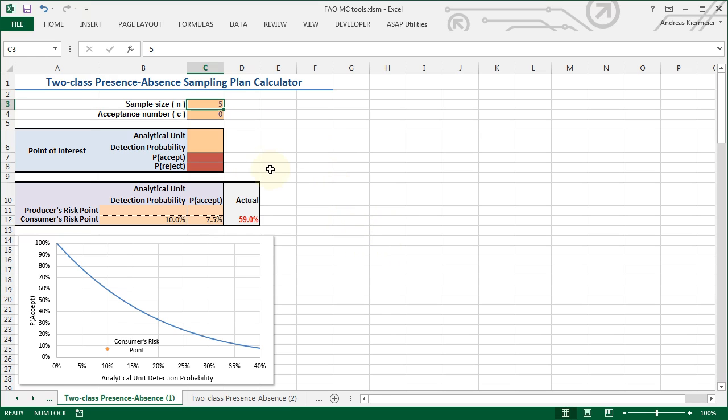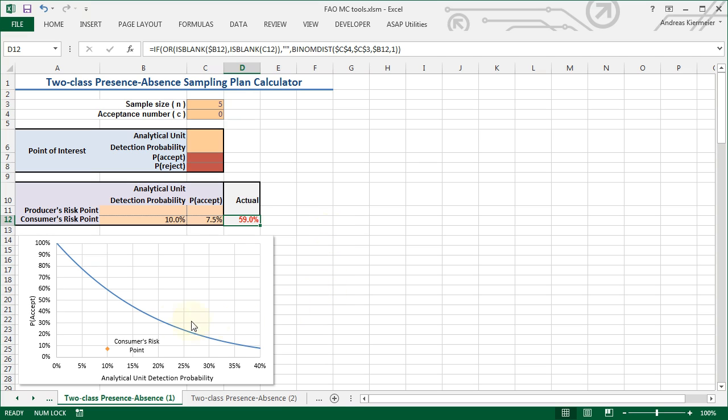Now, this current sampling plan with n equals 5 and c equals 0 gives a probability of acceptance that is 59% at a detection probability of 10%, which is shown here in the actual. The value is shown in red because this plan does not meet our consumer's risk point, because the actual is greater than the 7.5% that we specified.